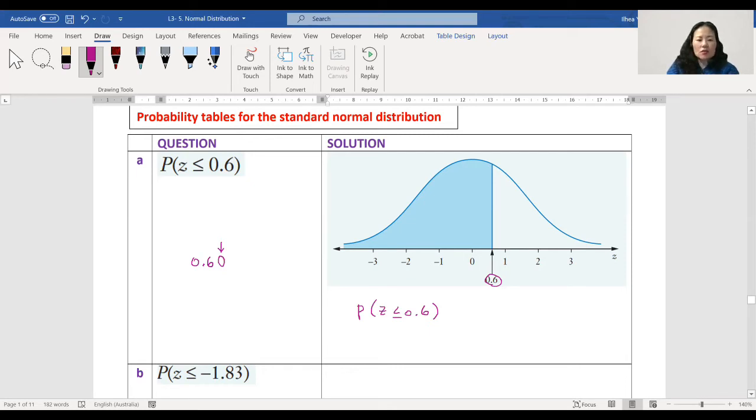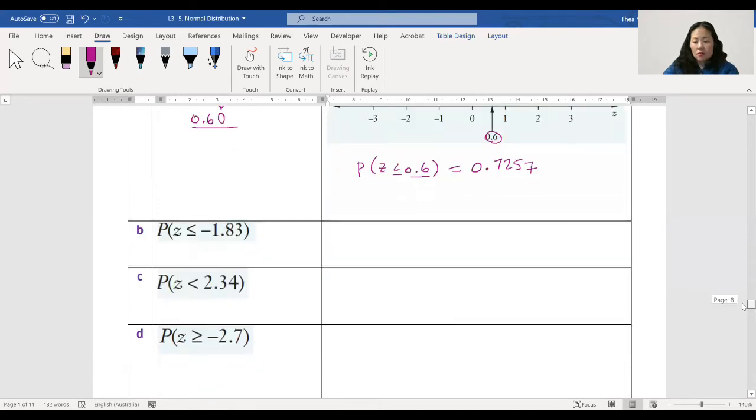We're looking at 2 decimal places always. So if it was given as 0.6, think of it as 0.60. And if you look at the table, you'll get 0.7257.